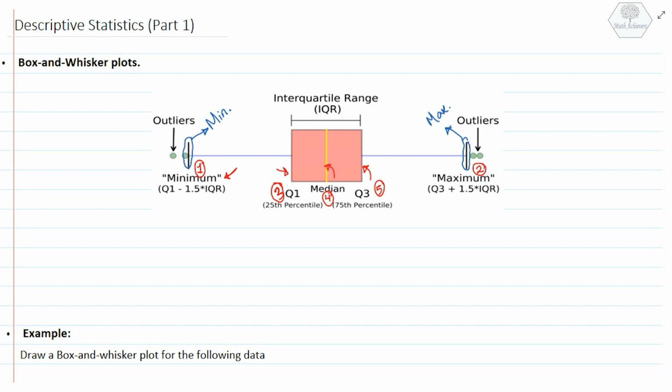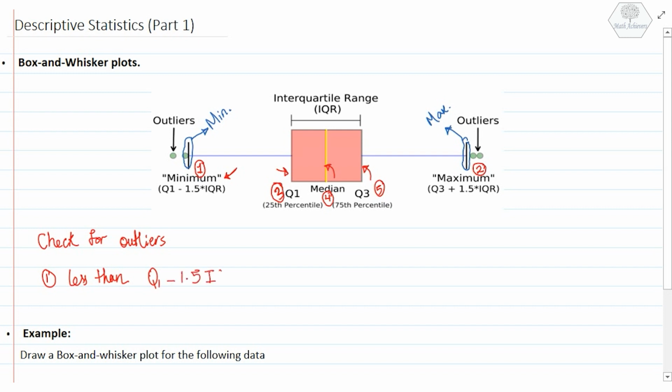There is another important thing we have to check. For the box and whisker plot, we have to check for outliers. The first check, we need to check if any value is less than Q1 minus 1.5 IQR, the interquartile range.